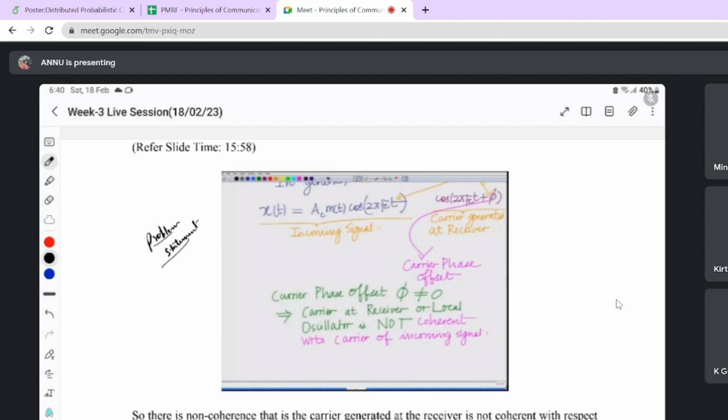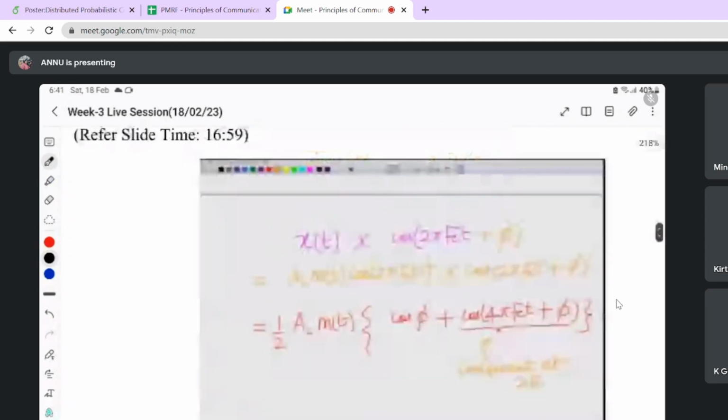But for that, we require the same frequency at zero offset. So here the problem of phase offset is considered. Later, we also see the problem of frequency offset, because fc should not always be available for demodulation. So here the Costas receiver concept came into the picture.